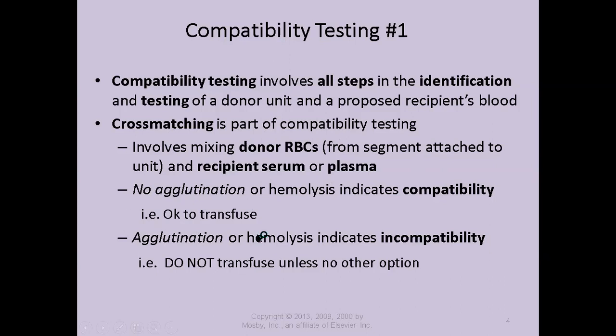If we get agglutination or hemolysis, remember this indicates that possibly some antibody in the recipient's serum or plasma found a corresponding antigen on the donor red cells. This indicates incompatibility, and we would not want to transfuse this unit into the recipient if at all possible, okay? So do not transfuse. However, there's a caveat here, unless there is no other option.